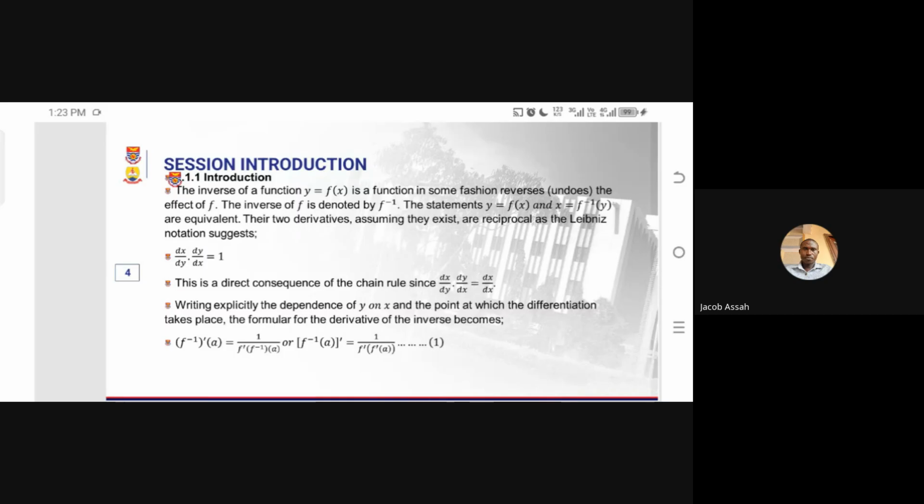If you find the reciprocal of both, it should be equal to 1, because dx will cancel dx, dy will also cancel dy. So it is like a chain rule. Writing explicitly the dependence of y on x and the point at which the differentiation takes place, the formula that we stated for how to find the derivative of the inverse, they've stated it again.